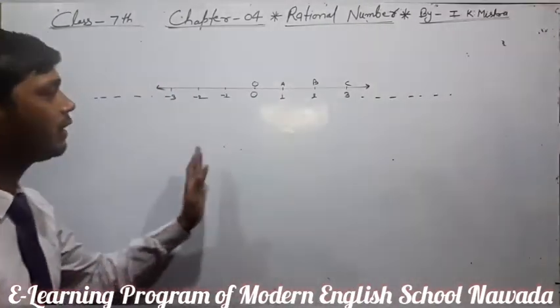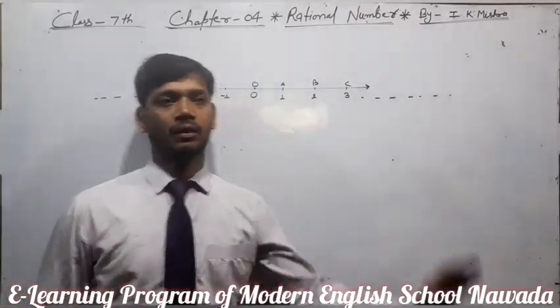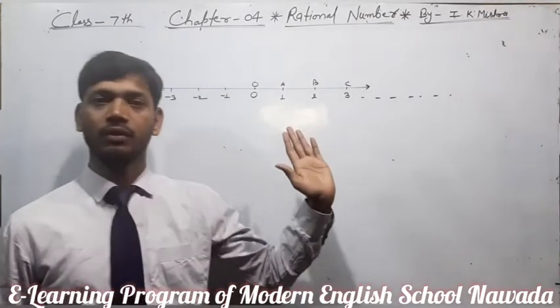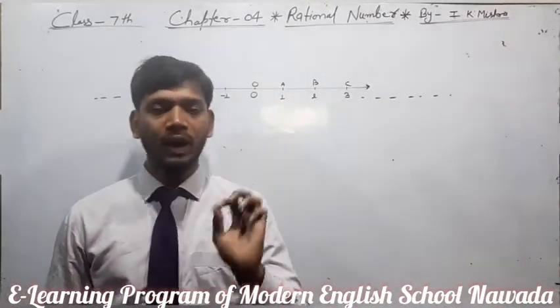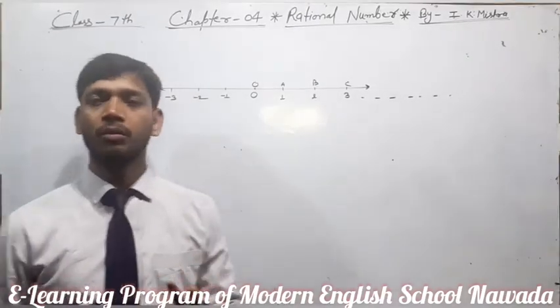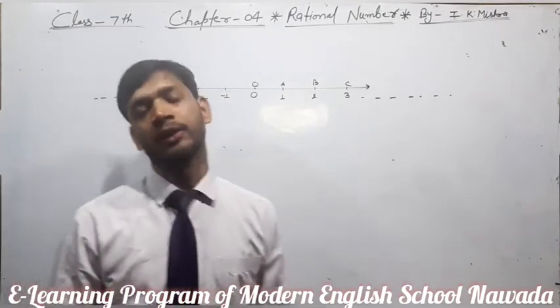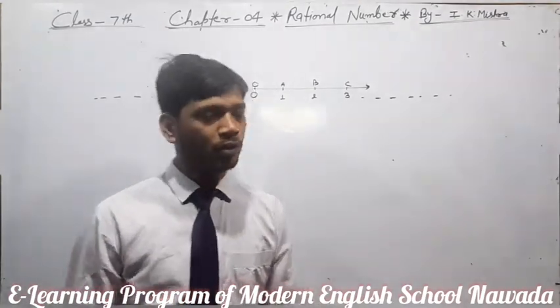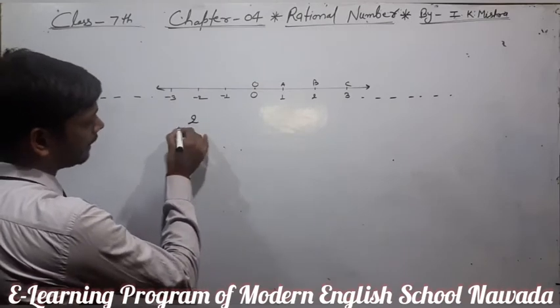Similarly, represent the rational number like the representation of integers. For representing a rational number, first of all identify which two integers the rational number lies between. Suppose I write a rational number 2 by 3.